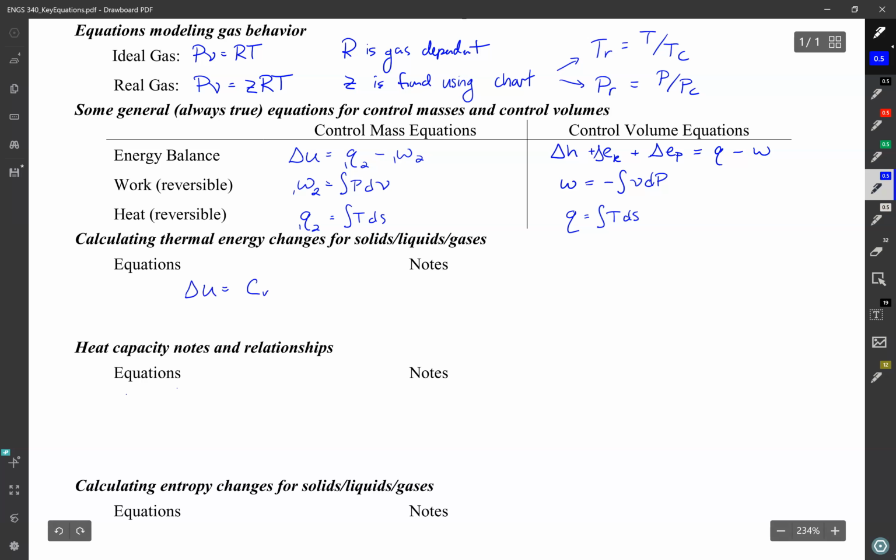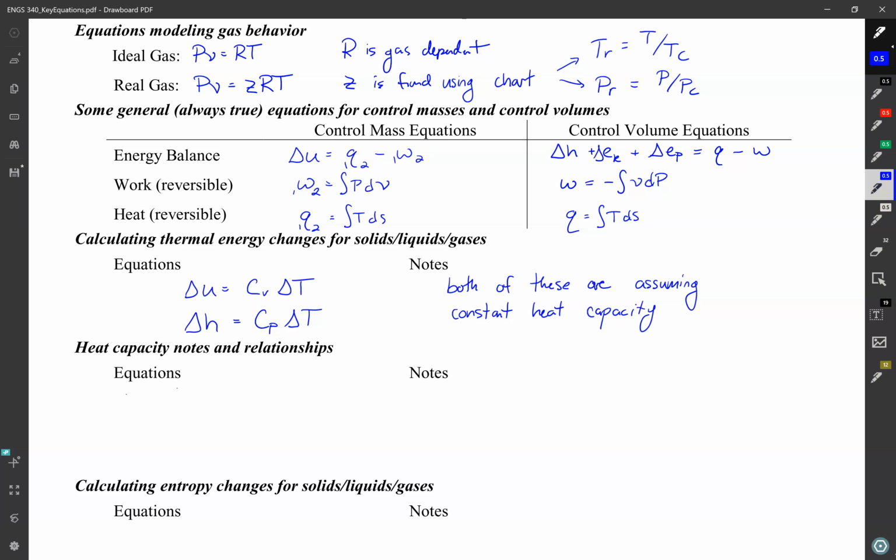Delta U equals Cv delta T, and delta H equals Cp delta T. Both of these are assuming constant heat capacity and ideal gas, solid, or liquid behavior.